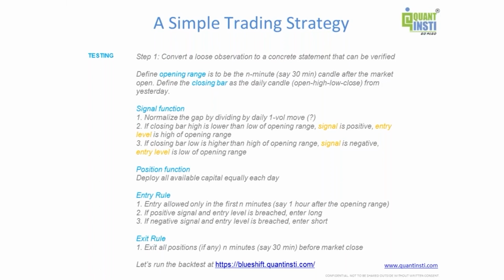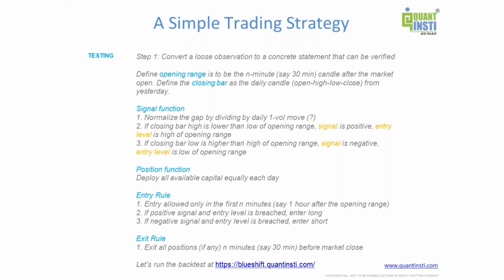To do that, we first have to define what the opening range is. The opening range is the first candle, that is the open, high, low, and close data for the first 30 minutes after the market opens. And we define the closing bar as the daily candle from the last trading day, yesterday.